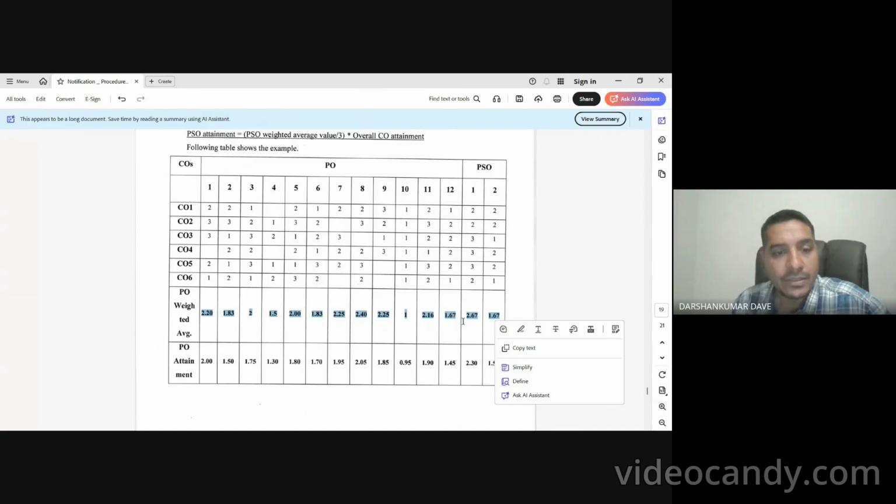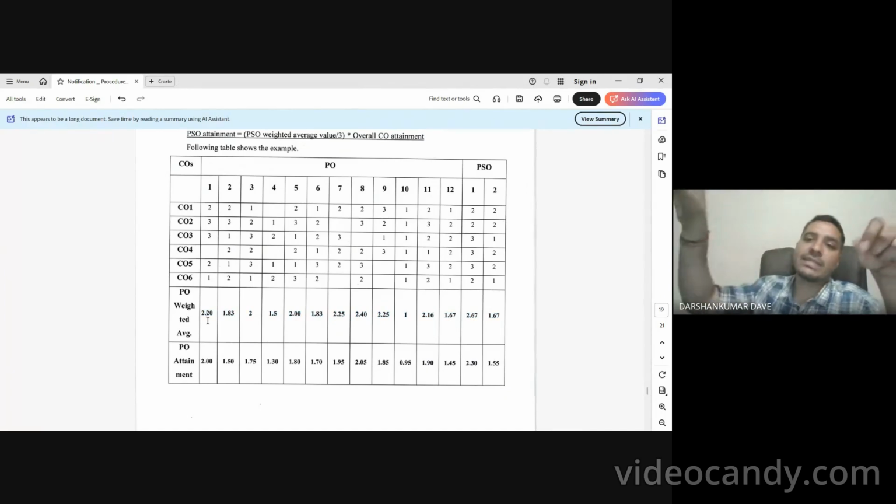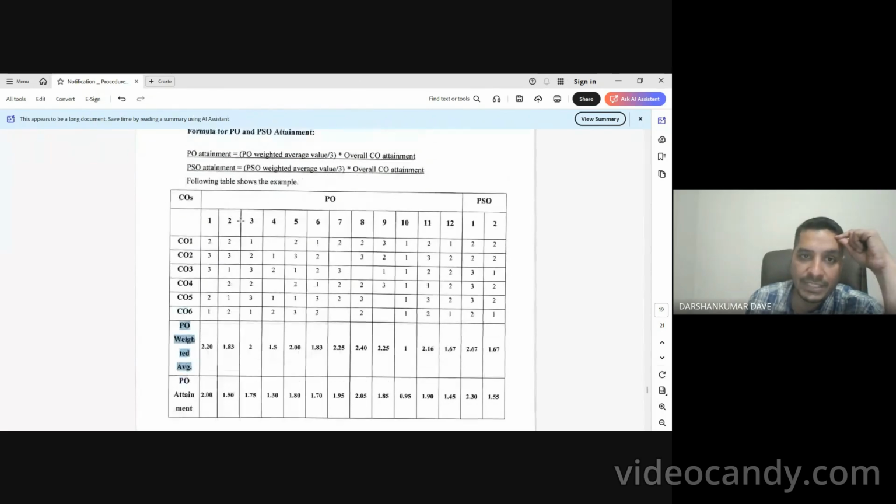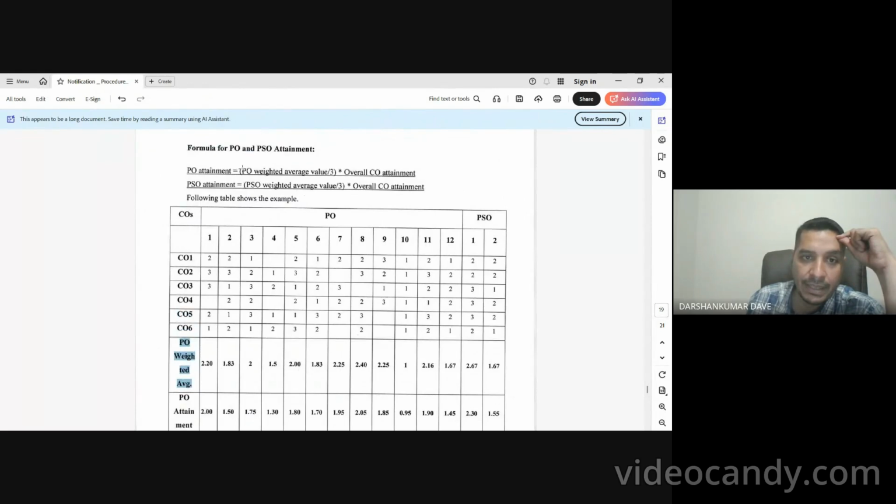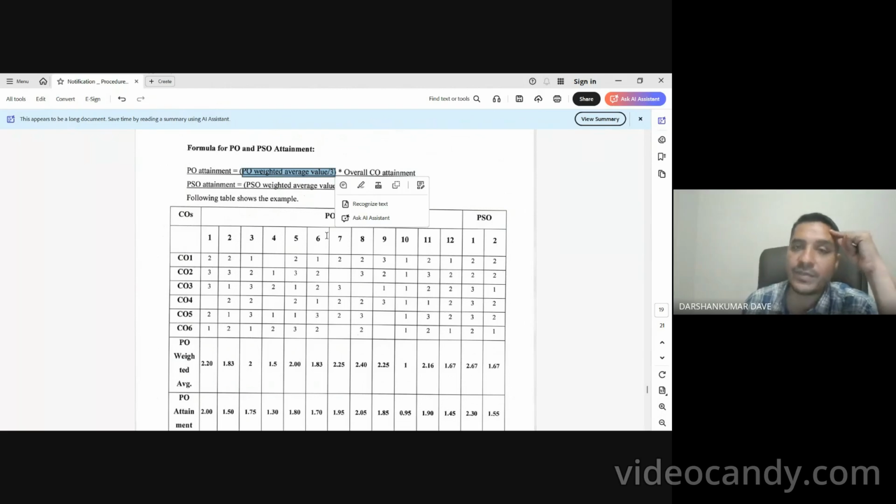Okay. So based on that program articulation matrix, when you have all the programs written and course outcomes written, you take the average. That average is called PO weighted average, which is used here in the calculation. It is divided by 3 because we have set the levels 1, 2 up to 3.